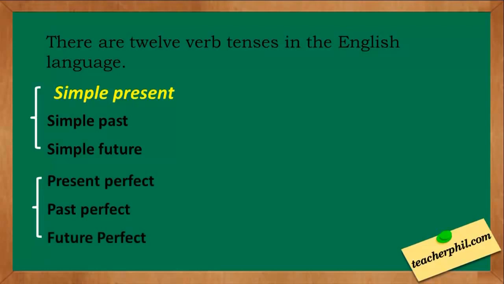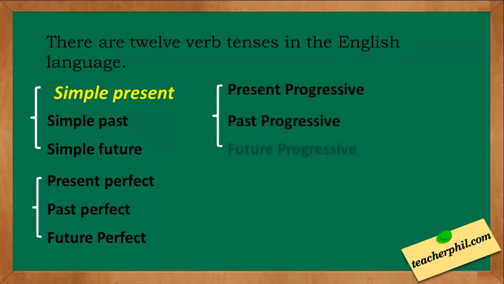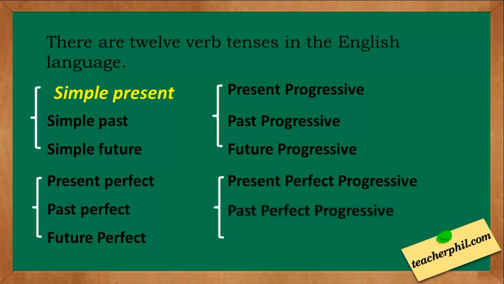For the progressive or continuous tenses, we have the present progressive, past progressive, and future progressive. And lastly, for the perfect progressive tenses, we have the present perfect progressive, past perfect progressive, and future perfect progressive. This lesson will talk about the simple present tense.